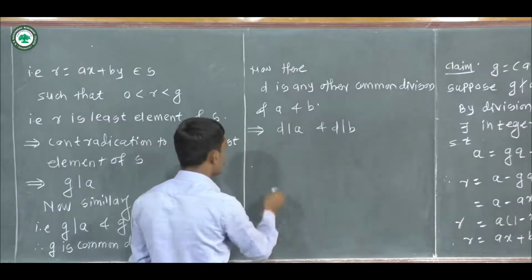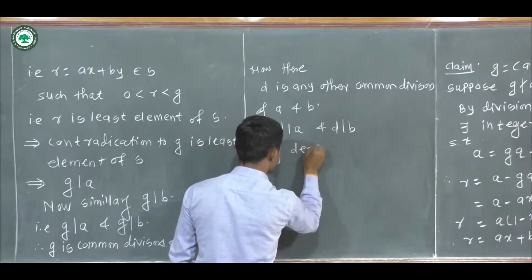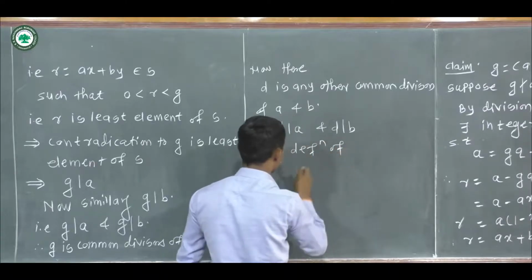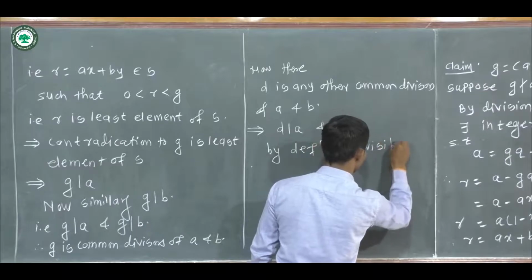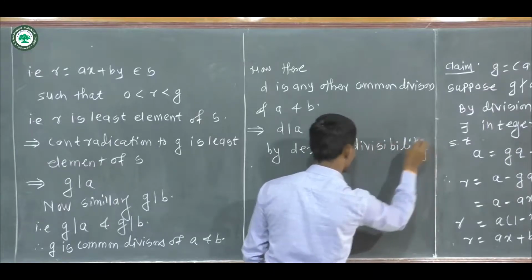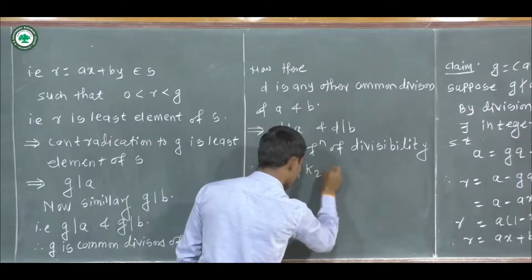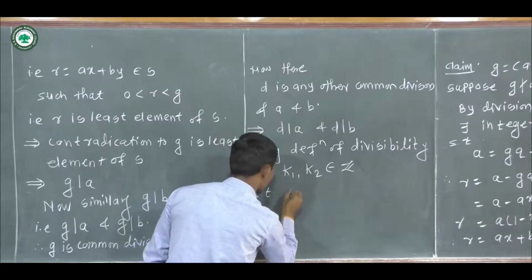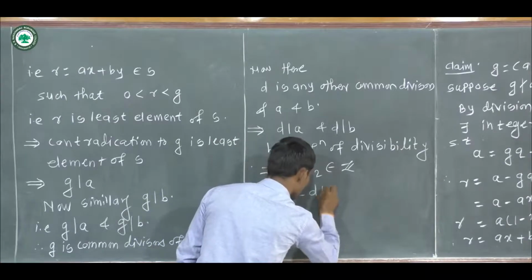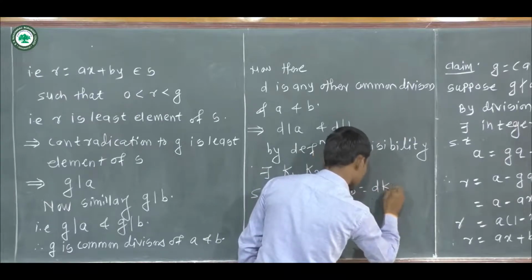By definition of divisibility, there exist integers k1 and k2 such that a is equal to d into k1 and b is equal to d into k2.